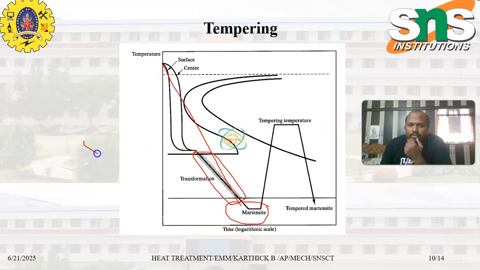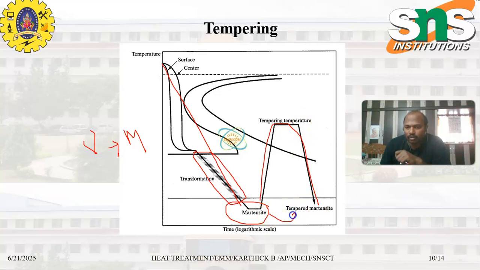from austenite to martensite. As I already said, this martensite cannot be used in many applications. Then we use the tempering step. This is the continuing step known as the tempering process, where the martensite specimen or workpiece is again heated to a temperature of around 400 degrees Celsius, and again it is rapidly cooled.